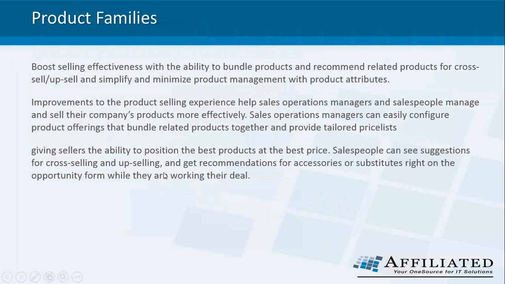The next thing we'll cover is products within CRM. They now have the ability to bundle products. You can have a family of them, and you can do suggestions. For those who have ever done an opportunity or a quote in the CRM system, usually you just pick a product, a quantity, a price, and you're done. Now they've taken it to the next level with a family.